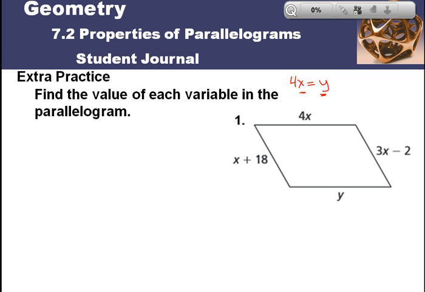So before we start trying to do systems of equations, which might be possible, we should see if we have a pair of sides that have the same variable, and we do right here, these two sides. So x plus 18 and 3x minus 2 are opposite sides.